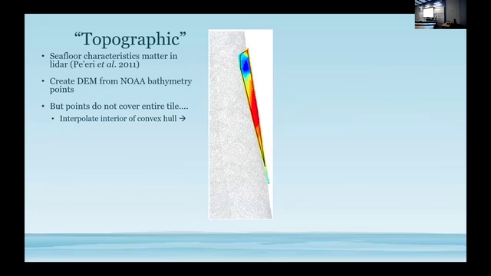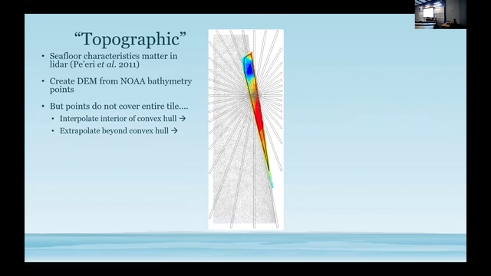Once we have an estimate of the elevation for everything within that convex hull, we can then extrapolate beyond that. And there's no good way to do this, and this is one of those things where you say, well, that's absolutely absurd. It's like saying, what's going on the other side of this wall? That's exactly what it's like. You've got to do something, and if the topography is not useful in the predictions, well, that's fine.